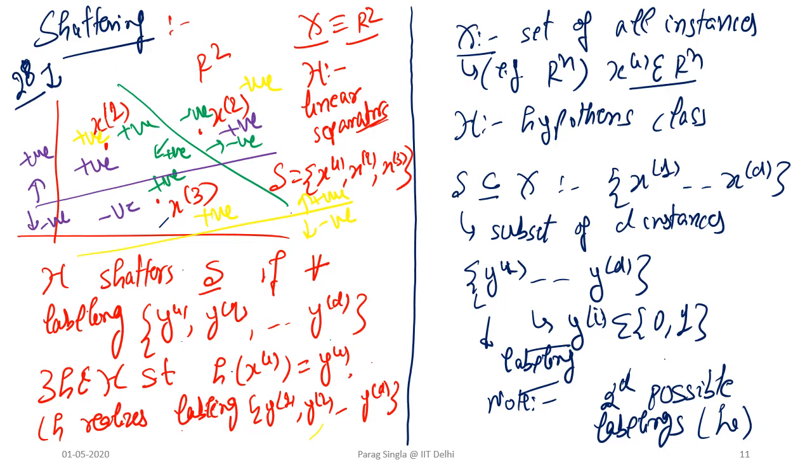So given a labeling, if we can find a hypothesis in the hypothesis class which achieves it, and if this is possible for every possible labeling, which is 2 to the 8 in this case, that is, there exists a hypothesis which can achieve the labeling for all possible labelings of the given set of points, then we say that this S is shattered by this hypothesis class H. So this is the idea.